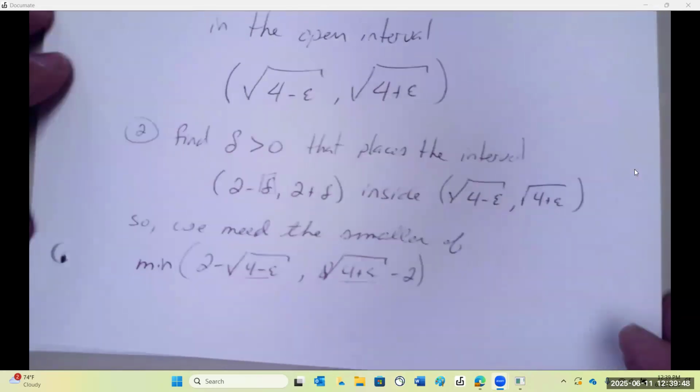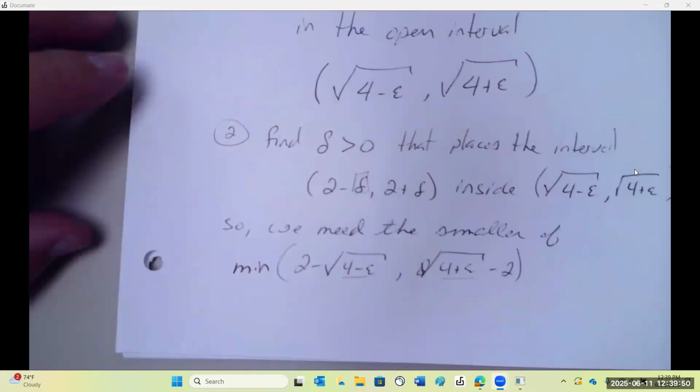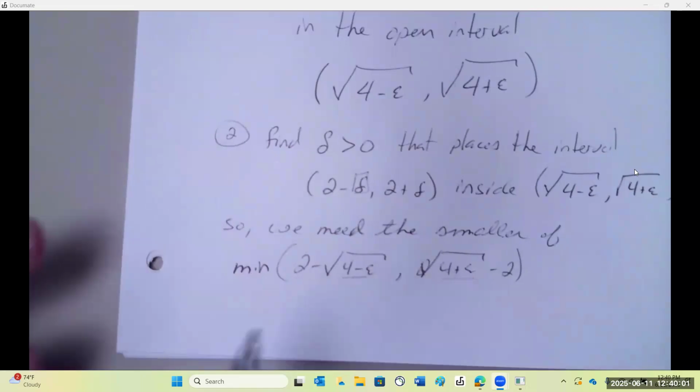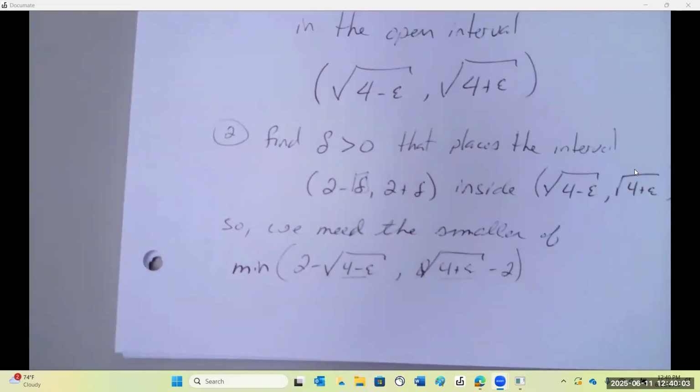Oops, I'm sorry. Whichever one that is, whichever the minimum of those is, where do we plug it? Where do we put that?